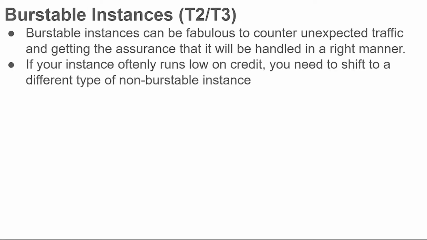If your instance often runs low on credit, you need to shift to a different, non-burstable instance type. Because if it runs low on credit very often, the instance type you are in might not be able to handle that workload. That is why it is bursting again and again.